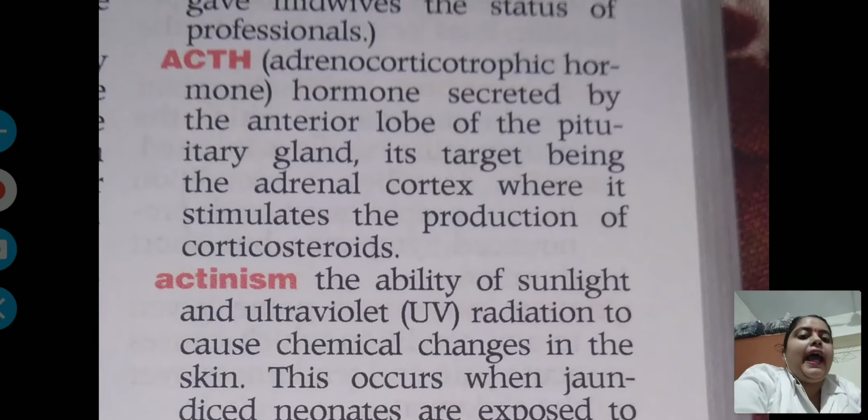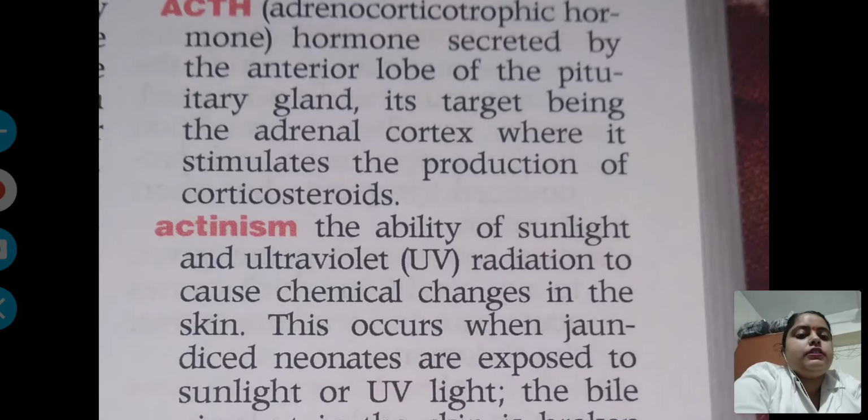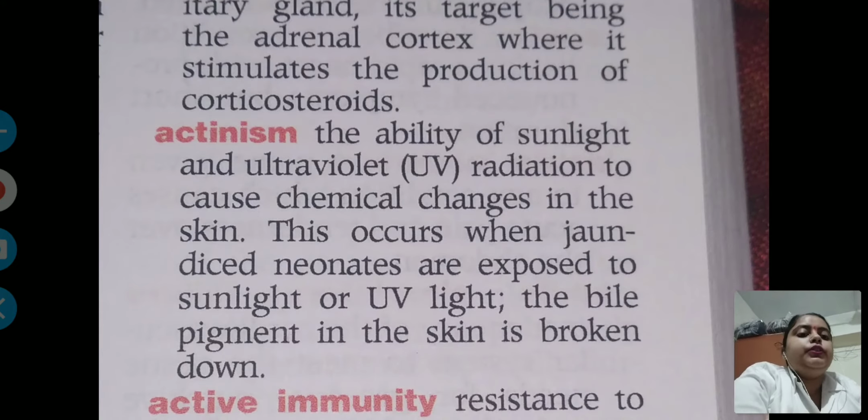Now we will talk about actinism. What is actinism? The ability of sunlight and ultraviolet radiation to cause chemical changes in the skin. This occurs when jaundiced neonates are exposed to sunlight or UV light. The bile pigment in the skin is broken down.